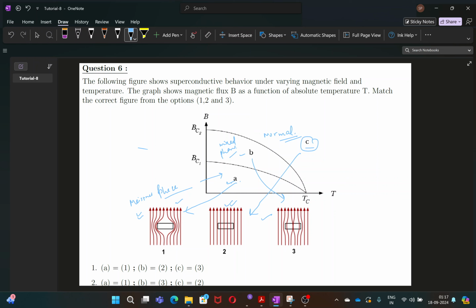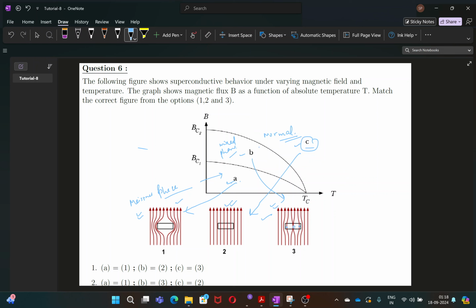So they are called vortices, and this diagram looks like this one, where the localized red spots, you can see from here that this spot and this spot and this spot, from where the vortices are present. So this will cause the flux line penetration. And then in the regime C, which is beyond BC2, the second critical field value, that will turn into a normal state, because it has no mixed phase anymore.